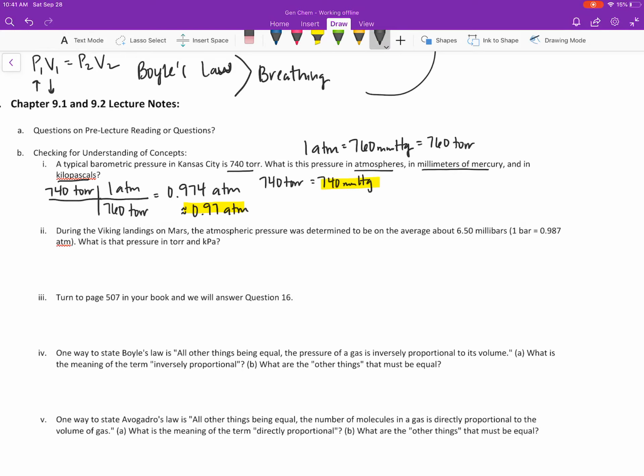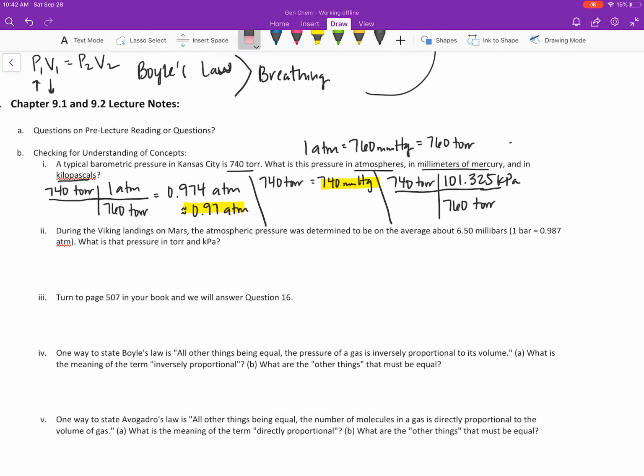The last one is going from torr to kilopascals. So I'm going to start off with my 740 torr. And if you think back to the video, it's 760 torr for every 101,325 pascals.